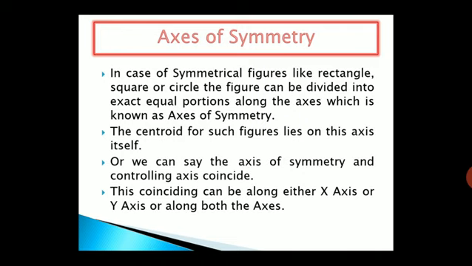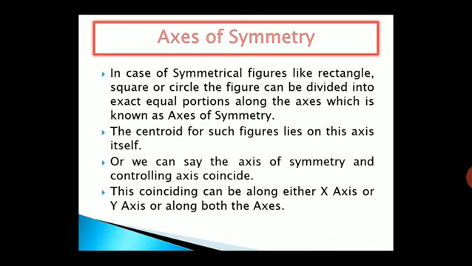For example, if I take a circle and draw a horizontal diameter, the diameter becomes a symmetrical axis, because if I cut along the diameter, I'll get two equal parts. Similarly, if I consider the vertical diameter as a symmetrical axis, if I cut along the vertical, again the circle is divided into two equal parts.